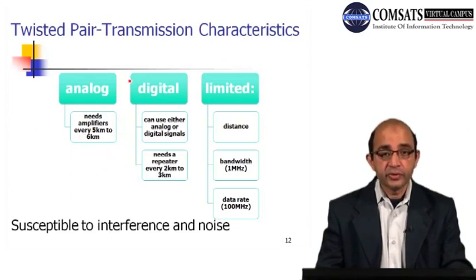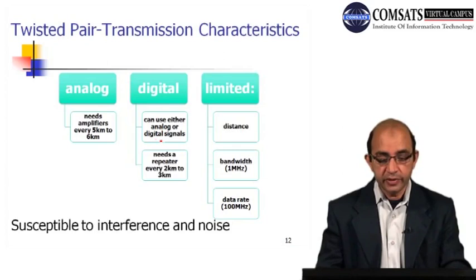If we are going to transmit digital data, we can use analog signaling as well as digital signaling, right? So we have already studied that we can use different representations of data. For example, if we have digital data, we can use analog signaling as well as digital signaling. And in this case, we need a repeater after every 2 to 3 kilometers, right?